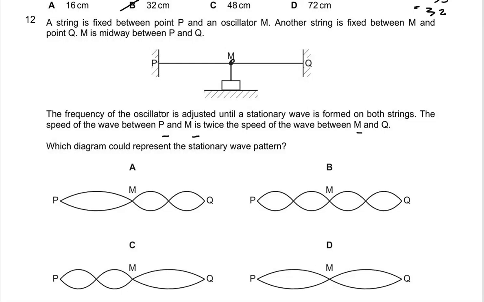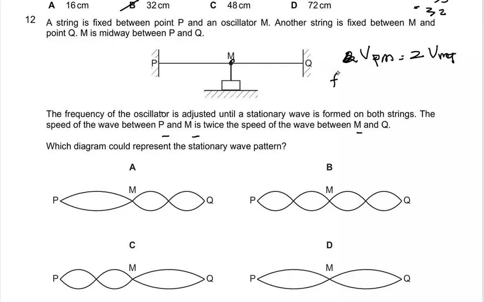Which diagram could represent the stationary wave? The speed between P and M is twice the speed between M and Q, and the frequency is the same.